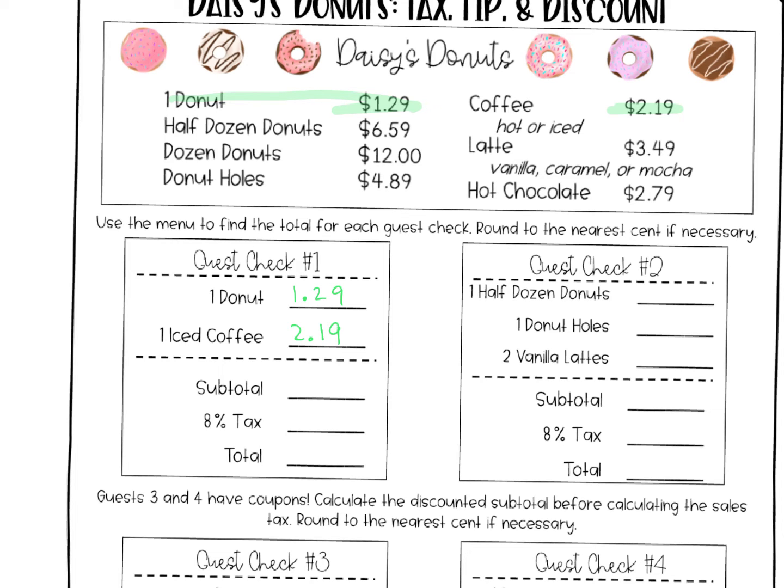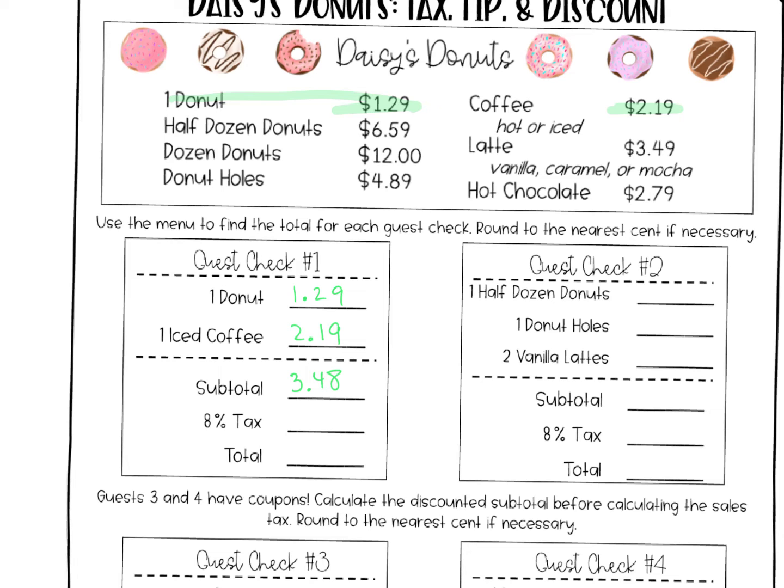My next thing is I'm going to add the two items together to determine the total amount that I had spent on my order. So $1.29 plus $2.19 is equal to $3.48. So my total before tax is $3.48.